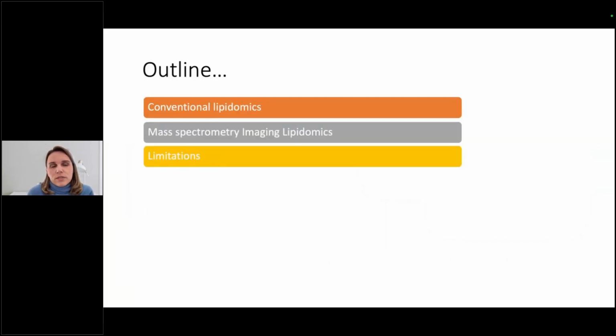The outline of today's presentation will be mostly about conventional lipidomics, which I believe most of you are familiar with, how we perform mass spectrometry imaging lipidomics, and mostly I will be focusing on the limitations that this technique has for us.